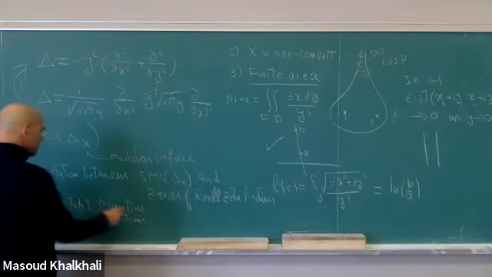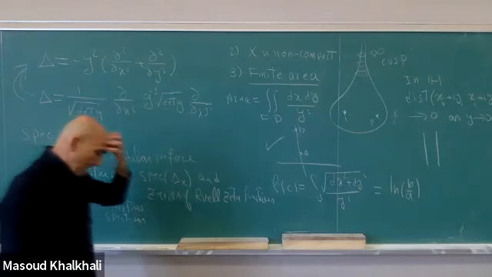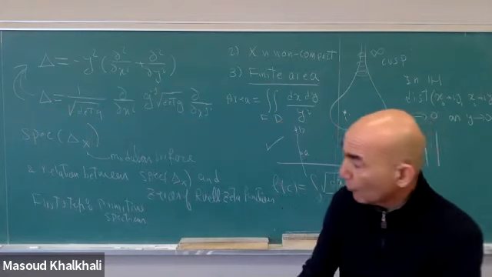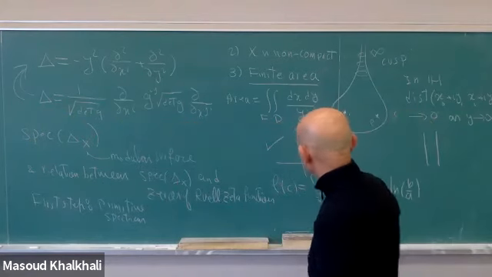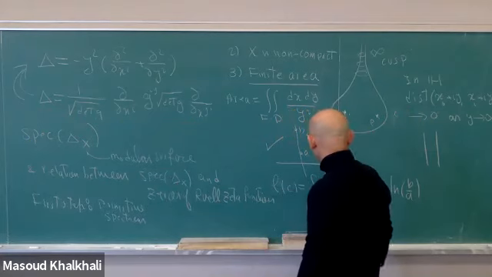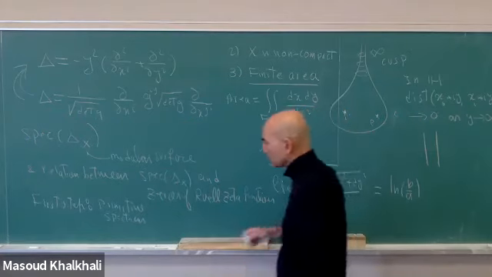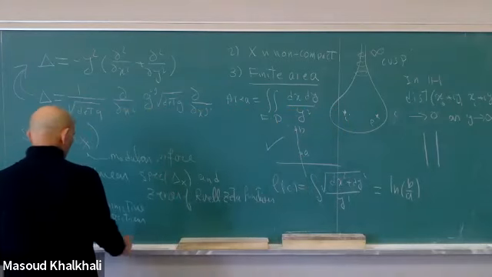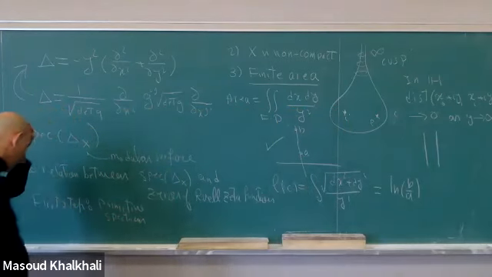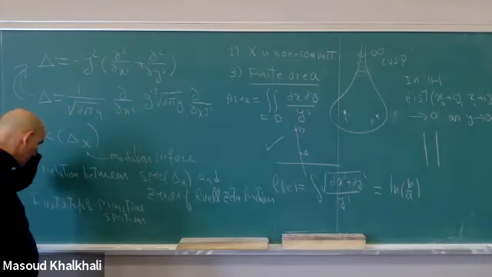And the length spectrum, what is the length spectrum? In general, there is no formula, but some lengths we can find explicitly, and we can tell you what these primitive geodesics correspond to.